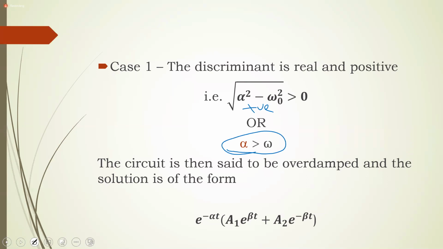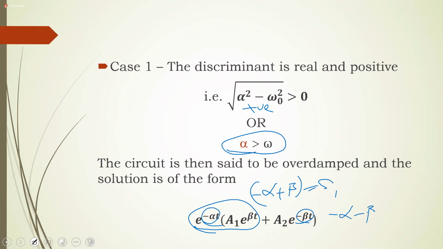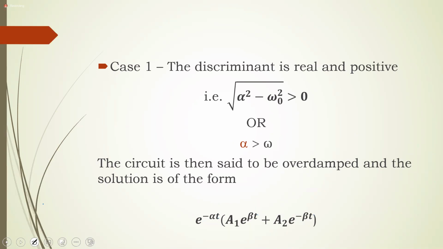Note that this is the same expression that we had earlier with S1 and S2. If we multiply that, we'll have minus alpha plus beta, which is, of course, S1. And for the other one, we'll have minus alpha minus beta, which is S2. So this expression is no different from what we had indicated earlier.